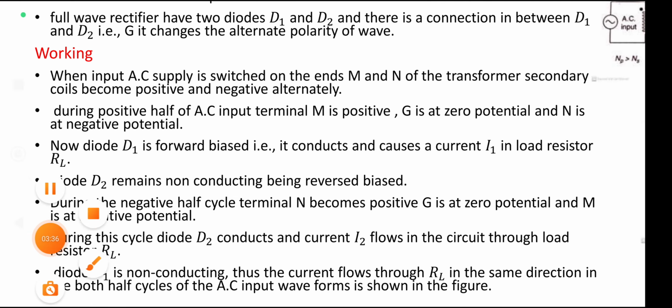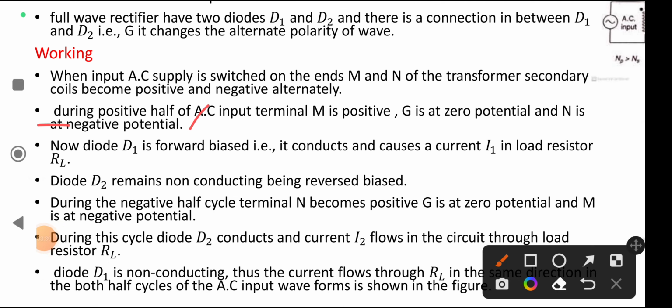Next, during the positive half cycle, AC input terminal M is positive, G is at zero potential, and N is at negative potential.